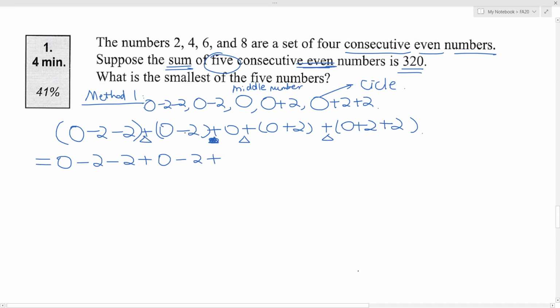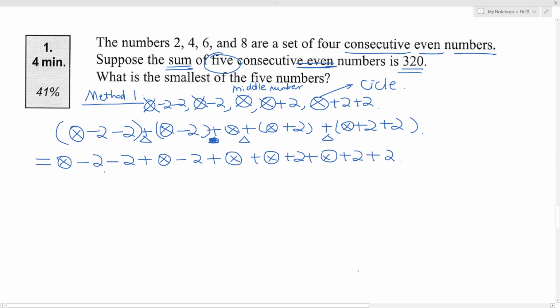So she said, let's change this to a cross, a weird sign, putting a cross inside the circle so that we're not mistaking this with 0. Basically, we can just get rid of the parentheses without changing the signs.